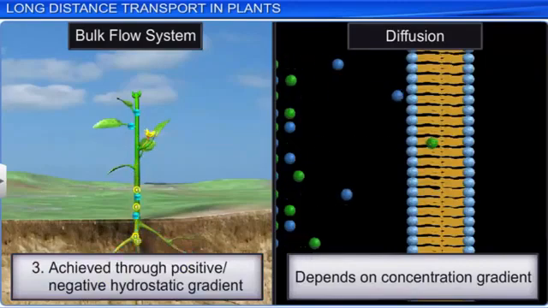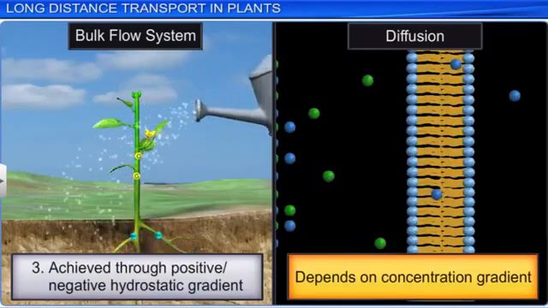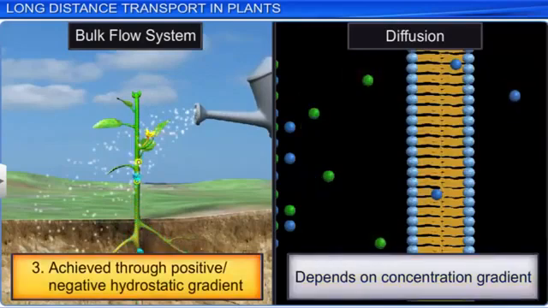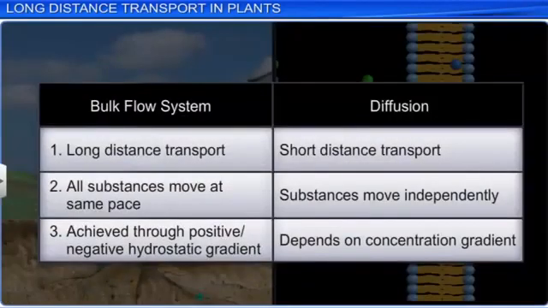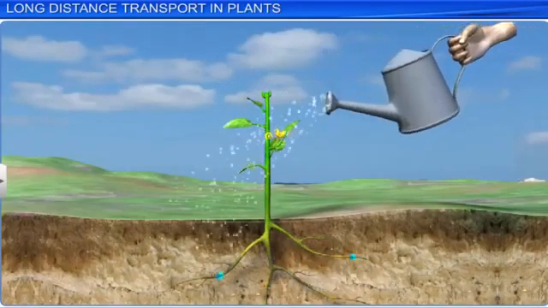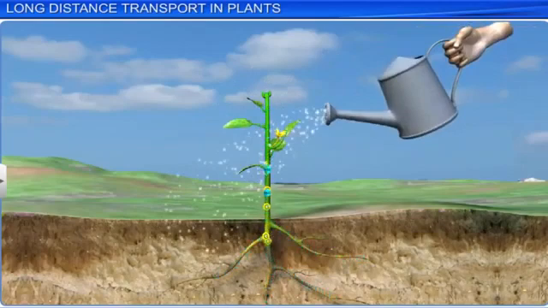Third, diffusion depends on a concentration gradient, while the bulk flow system is achieved through a positive or negative hydrostatic gradient. Therefore, long-distance travel in plants is carried out by a bulk flow system in the plant's vascular bundles consisting of xylem and phloem.